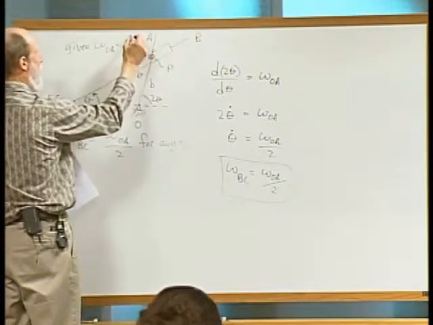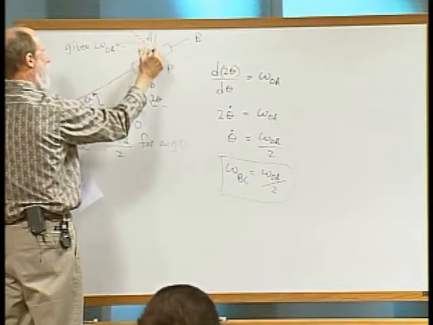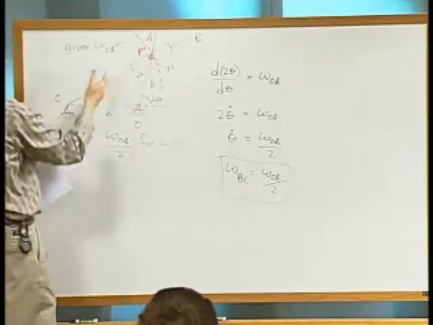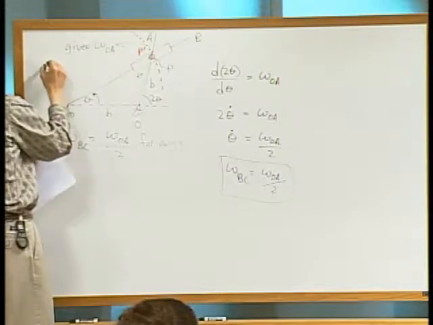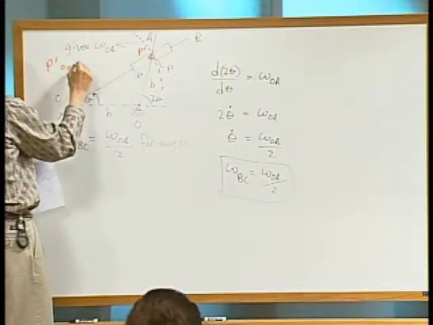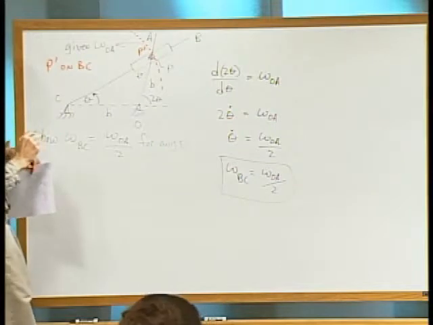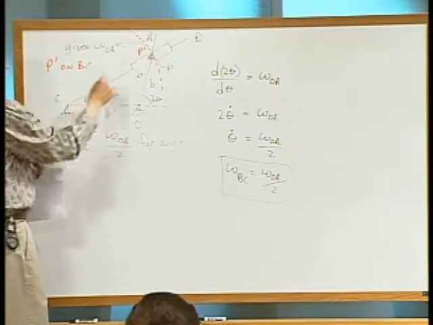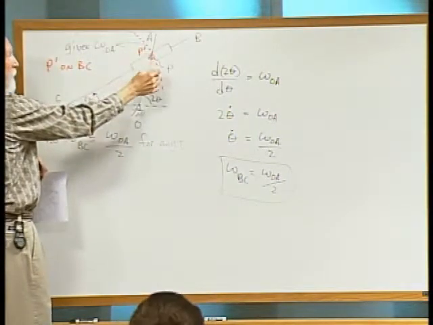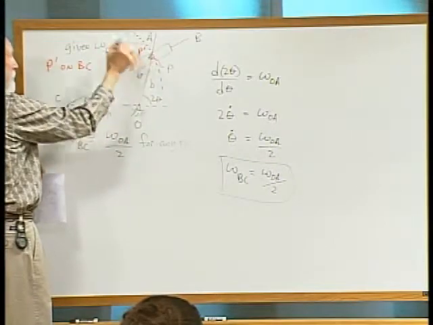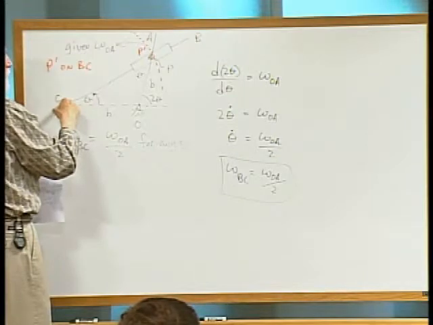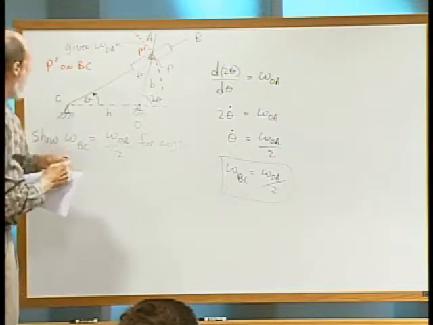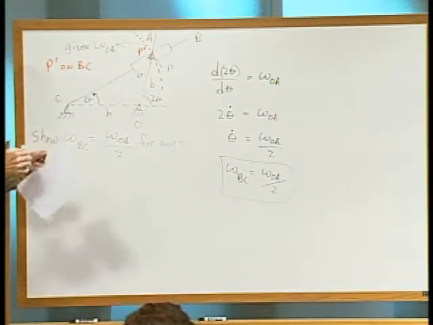Now, P prime is going to be moving in a circular arc. It's hooked on this member BC. P prime is on BC. And that fixed point on there, coincident with P momentarily, is staying on a radial arm around C. What's the motion of point P, though?